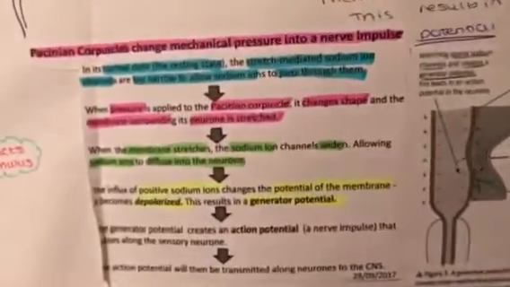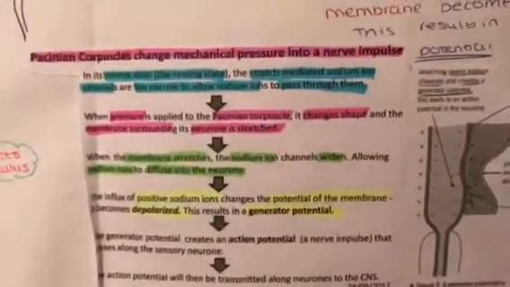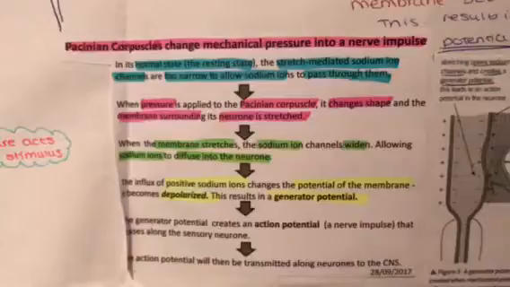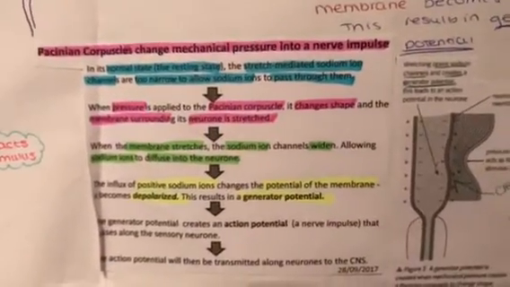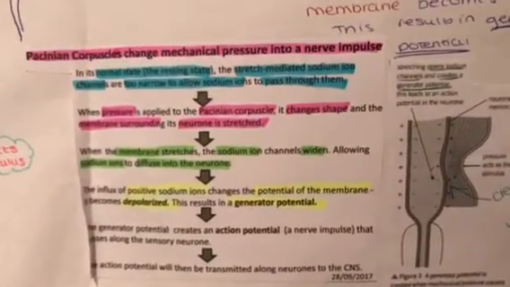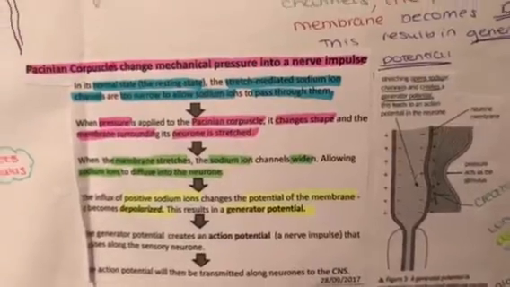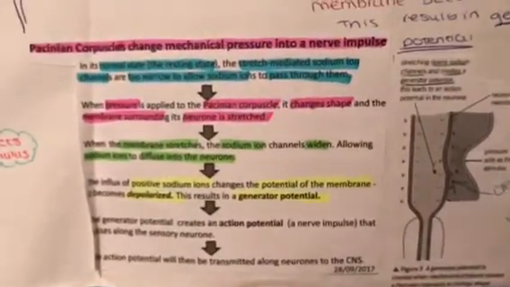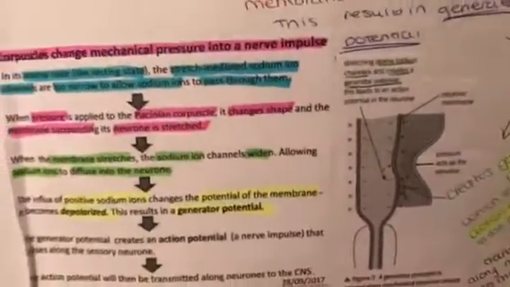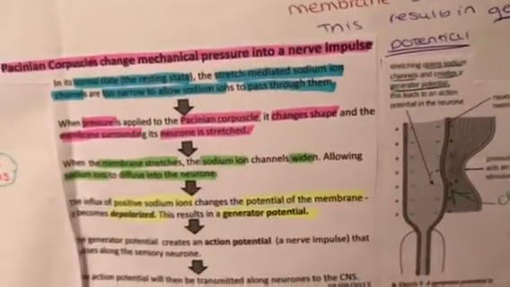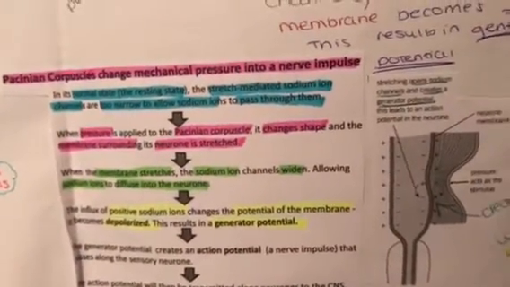And in more detail here, the Pacinian corpuscles change the mechanical pressure into nerve impulses. So in its normal resting state, the stretch-mediated sodium ion channels are too narrow to allow the sodium ions to pass through them. So without pressure, it's too narrow at the resting state.